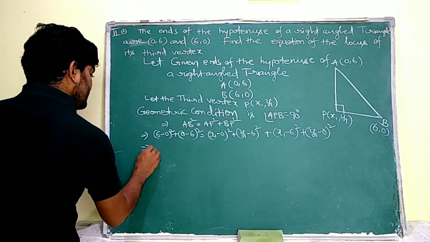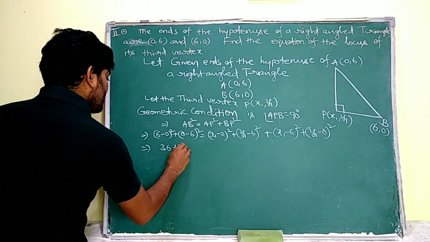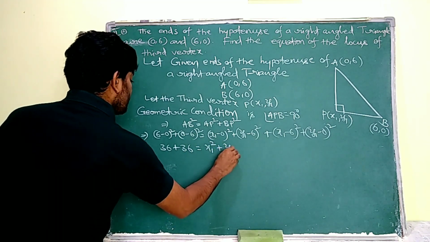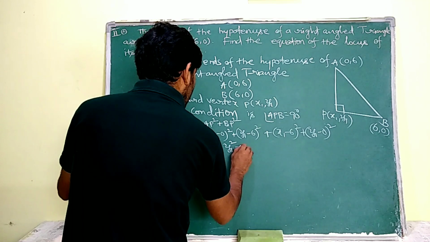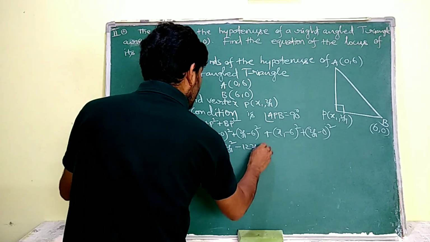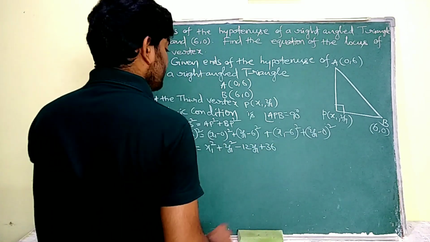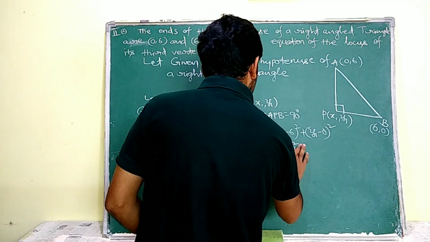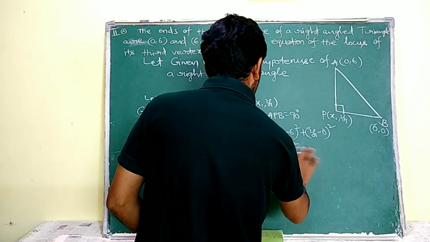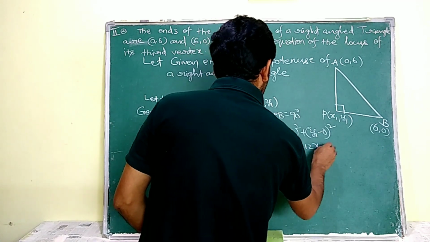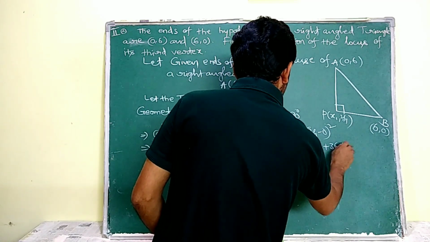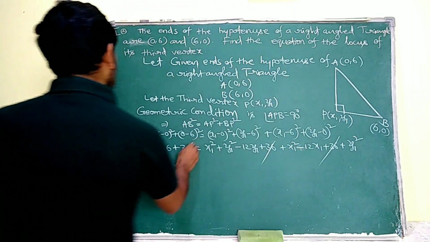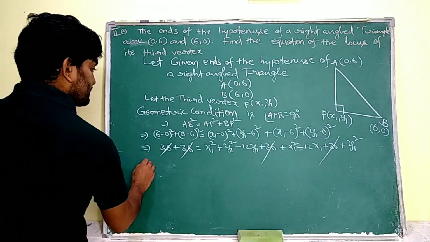Just by simplifying this, 36 plus 36 equals x1 square plus y1 square minus 12y1 plus 36 plus x1 square minus 12x1 plus 36 plus y1 square. Here 36 and 36 are going to be cancelled with these two 36.